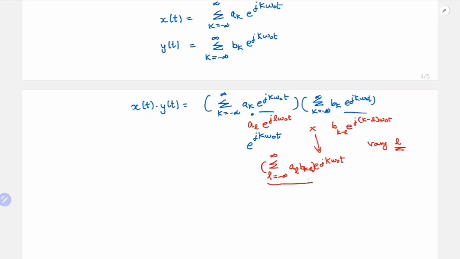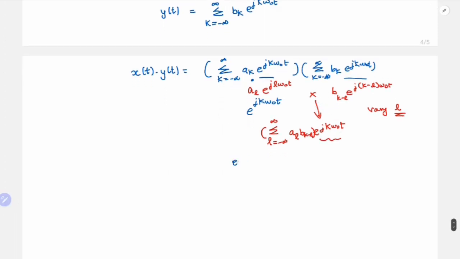This will give me all the terms that are having e power jk omega naught t as base after the multiplication. And I'm summing them up all together. For example, if you have to find the terms for e power j omega naught t, what will I do? If I take a0 from here, then I have to multiply it with b1 from here, right?